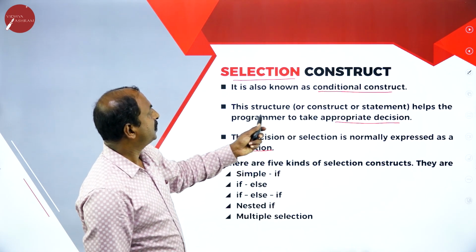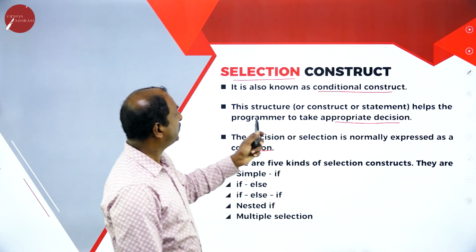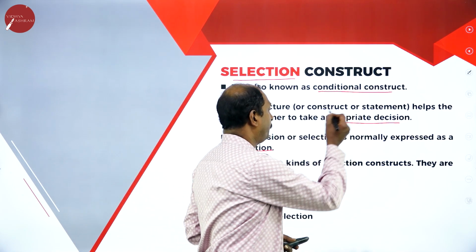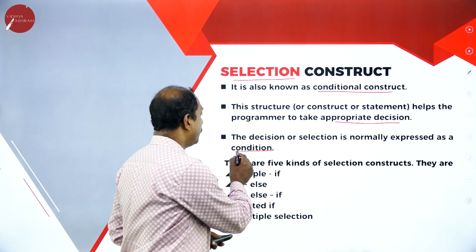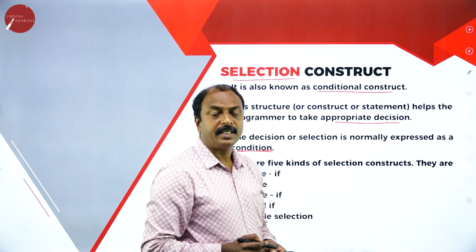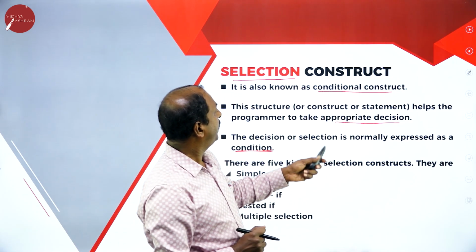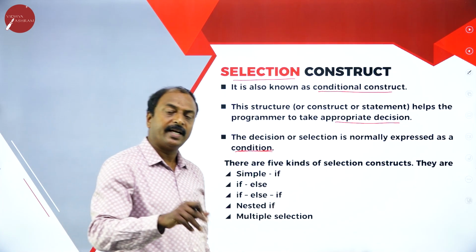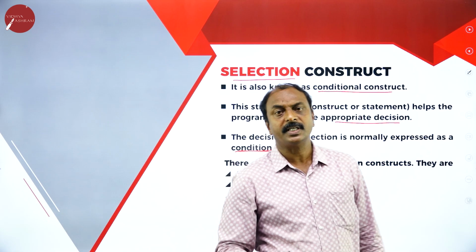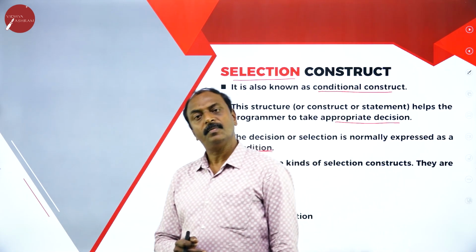The structure of the statement helps the programmer to take a decision, and the decision is expressed in the form of a condition. The programmer can take a decision based on the condition given in a program.